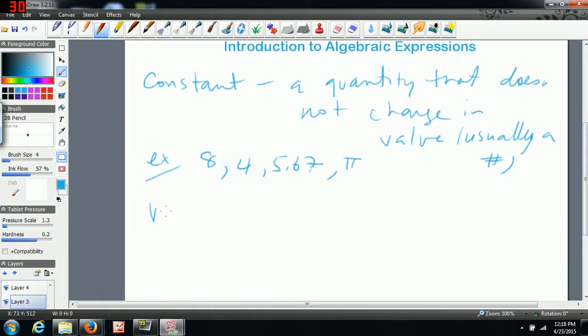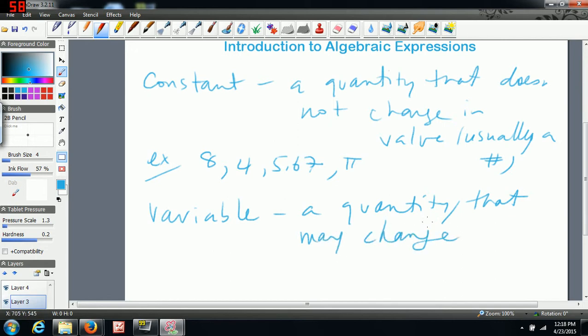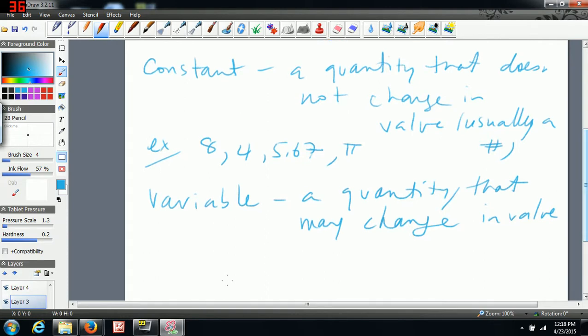Now, when you have a variable in an equation, a variable is a quantity that may change in value in a particular problem.